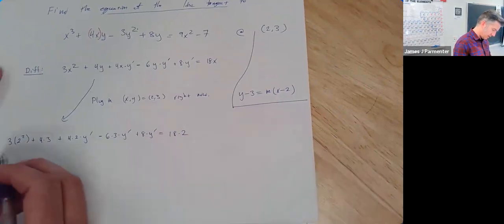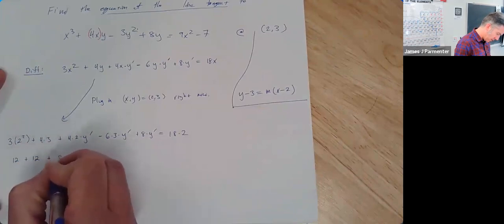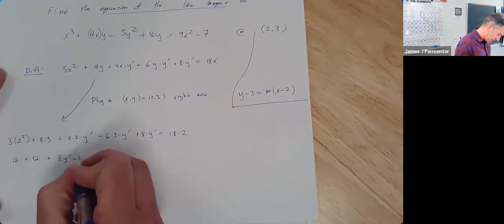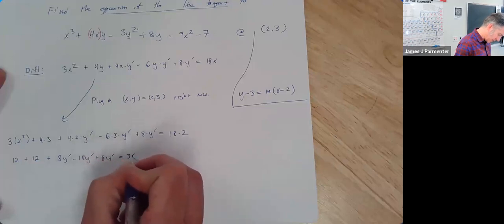If I solve this, let's see. 3 times 4 is 12 plus 12 plus 8y prime minus 18y prime plus 8y prime equals 36.